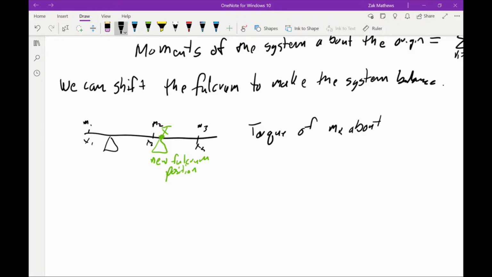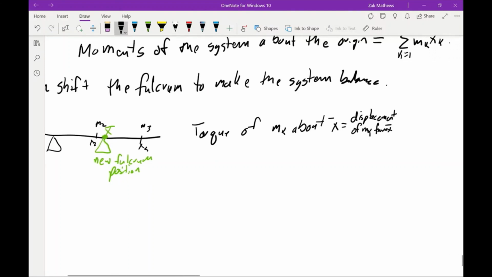The torque of mk about x bar is equal to the displacement of mk from x bar times the downward force, which we can write a little more efficiently as xk minus x bar, how far we have moved it, times mk g.